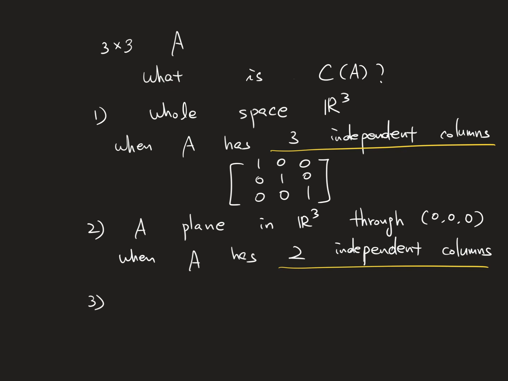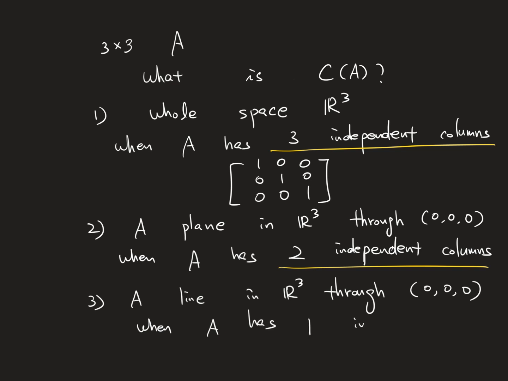And the next one is a line. A line in R^3 through the origin is the column space when A has 1 independent column.